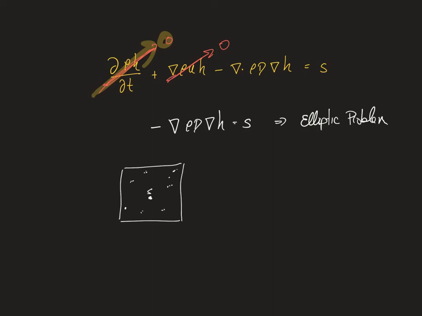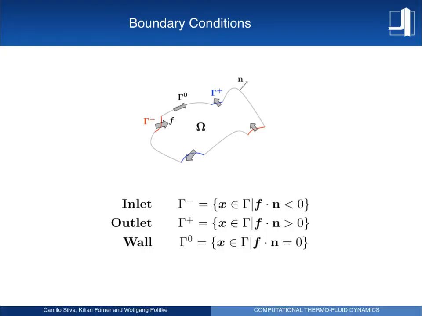Before talking about the boundary conditions, allow me to remind you about the different kinds of boundaries we can have. We can have inlets, outlets, and walls. An easy way of defining this type of boundaries is by defining the sign of the product between the fluxes and the normal vector that is pointing outwards, as we just discussed in some slides before.